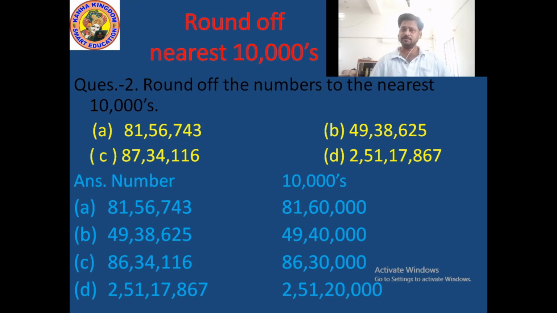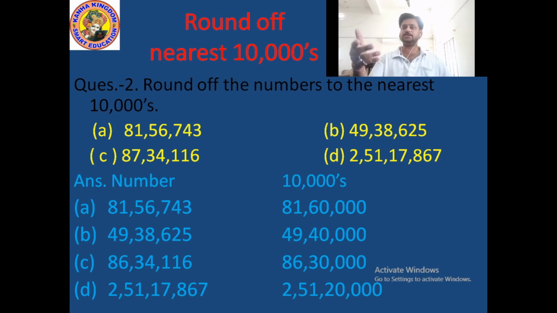Should I explain? Okay, I will explain the last part, because in this part there are 3 commas. And 3 commas means 4 periods, and the 4th period is the crores period. Why do I explain? Because if you have any confusion, it will be cleared.